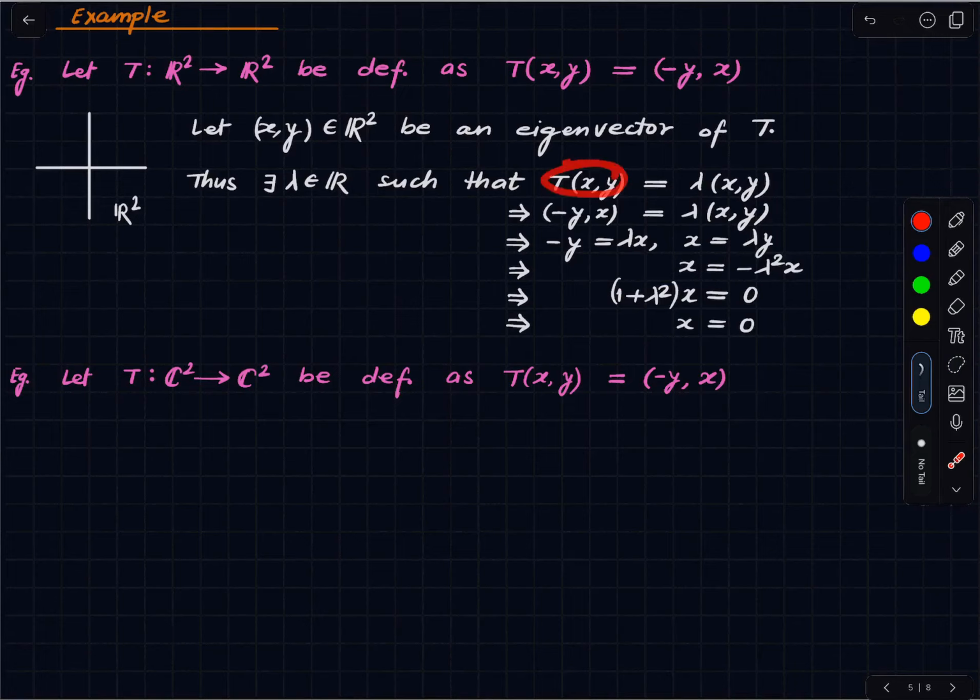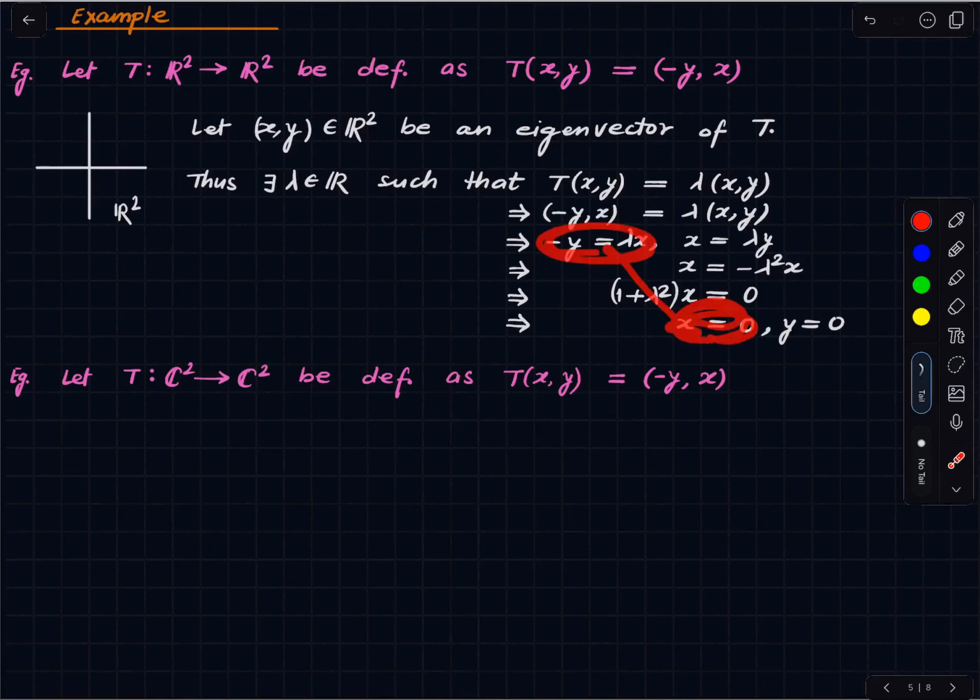Since this is in the span of this guy, lambda is a real number. We are working over a real vector space. So when we talk about spans, we're talking about things from the base field which scale the input vector. Okay, so x is 0, but that also implies that y is 0, because you just combine this with that.